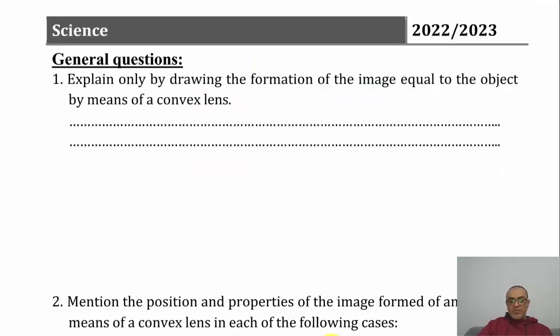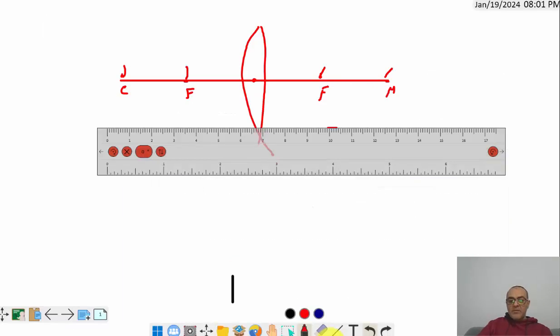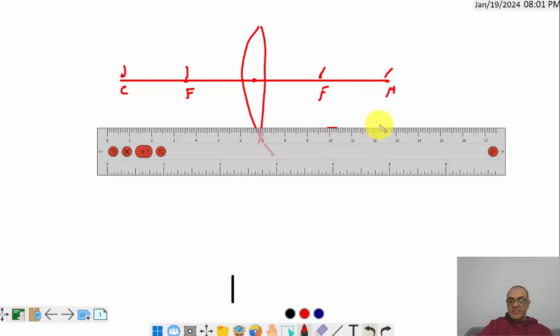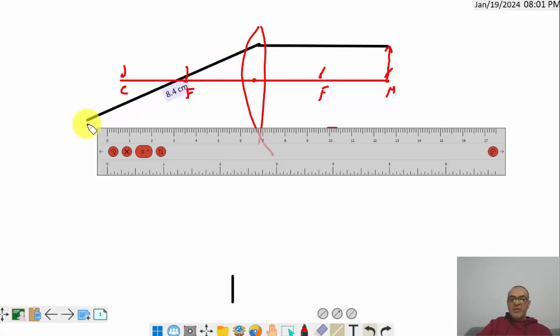Back to the question here. Convex lens. Where is the body? The image equal to the object. The one case when the body equals the image is when the body is at the center of curvature here. If you draw the first light ray parallel to the principal axis, it refracts passing through the focus like this.